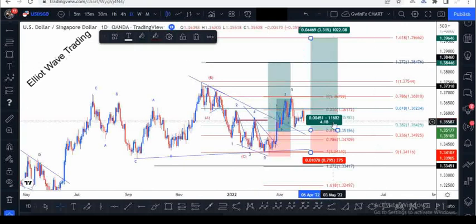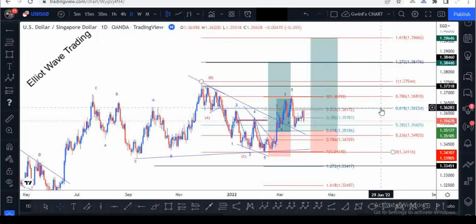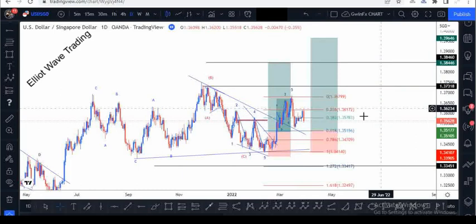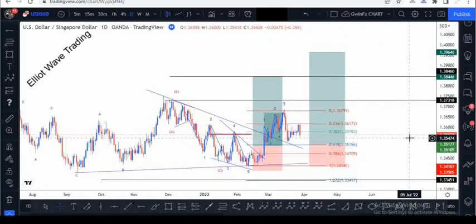But for this kind of formation which we are looking at now, we're going to take the 127 as take profit 1 and 161.8 as take profit 2. I know this may not be making sense now, but they are different patterns. You see them at different times, and a different formation has a different approach to it.